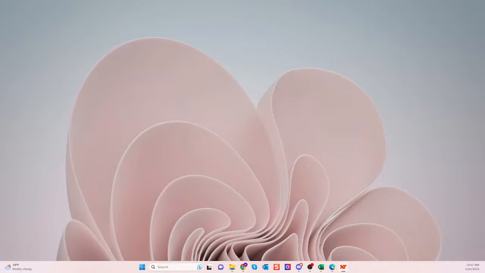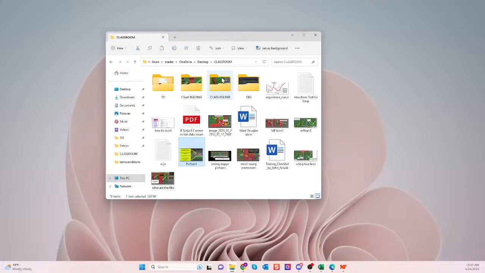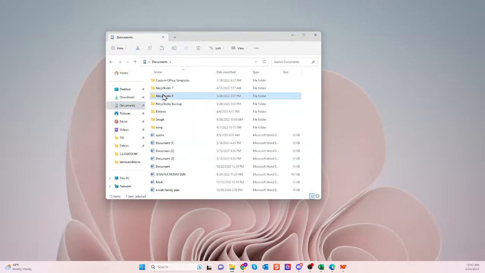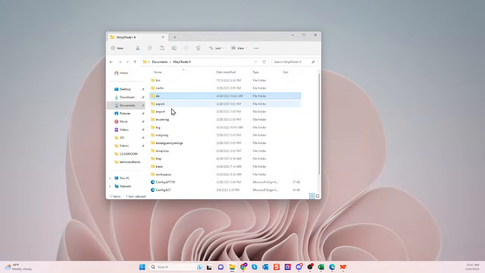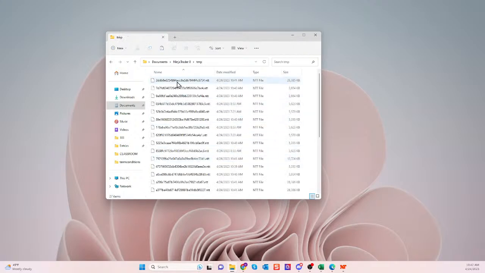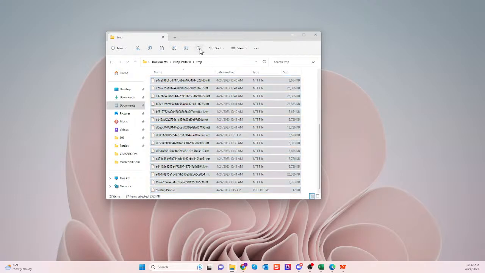So let's use this as a learning opportunity. Watch this. If my NinjaTrader decides to spontaneously shut down, I'm going to go to Documents, NinjaTrader 8, Database. I'm going to get rid of my cache and my tick. Then I'm going to go back to NinjaTrader 8, Temporary Folder, and get rid of everything in that temporary folder.